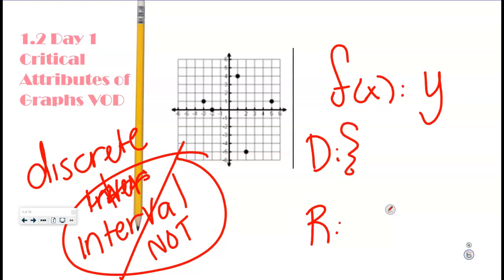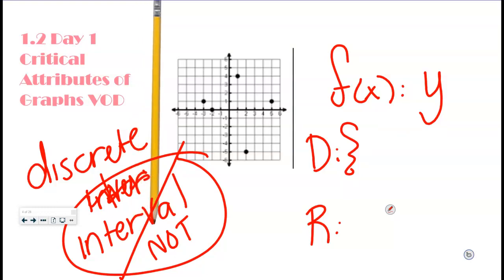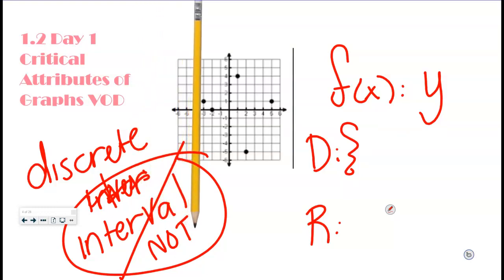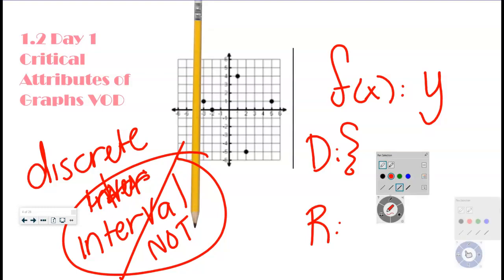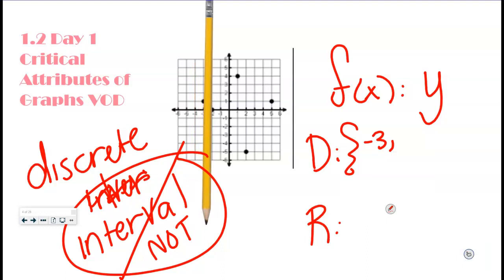So I'm going to go ahead and start my brace. And I am going to grab my pencil because I am going to scan from left to right. Scanning, scanning, scanning, boom. That first spot is going to be a -3 for the domain. All right, the next place that I see is going to be -2.